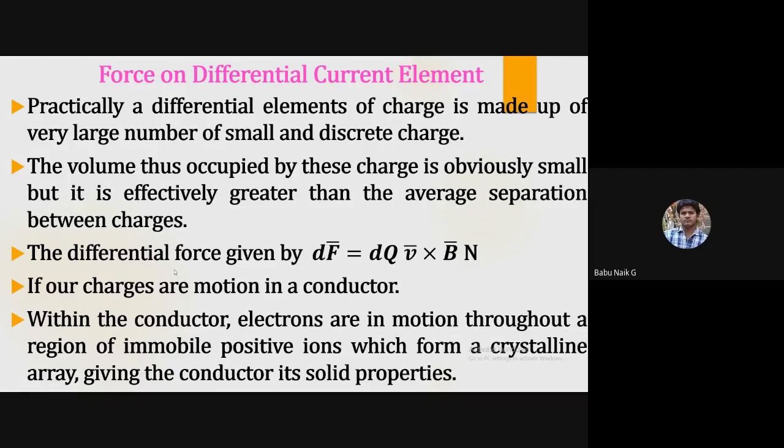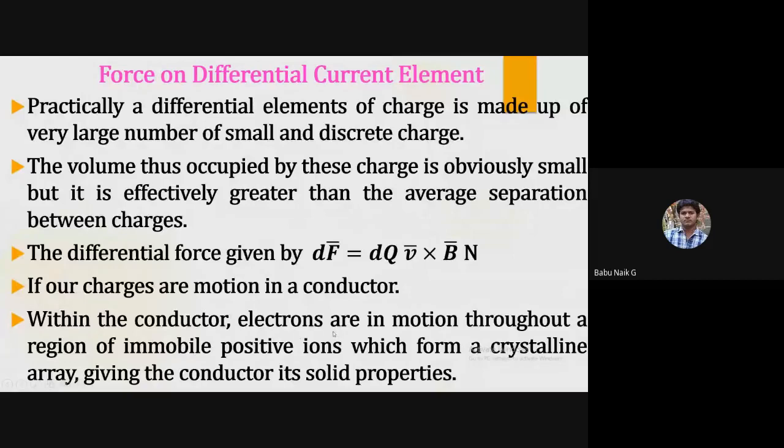Now for the differential force on the charges, we can calculate it in a magnetostatic field: the differential force is equal to the differential charge, times the velocity with which the charge is moving, cross B. If our charges are in motion in a conductor, when we give the supply, the charges will always be in motion within the conductor.